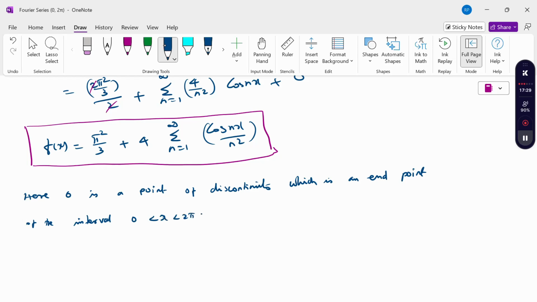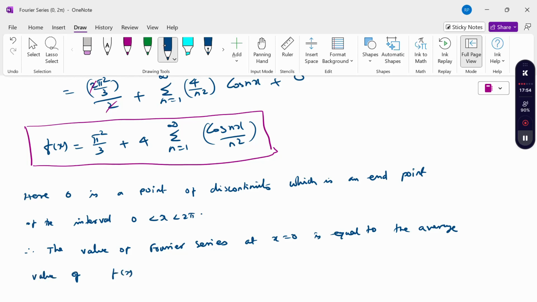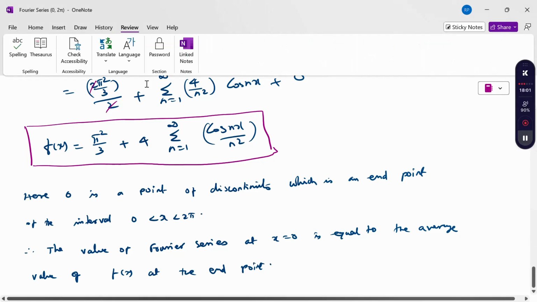Therefore the value of the Fourier series when the point x is 0 is equal to the average value of f of x at the end points. This formula is already given. So this is the convergence of the series.